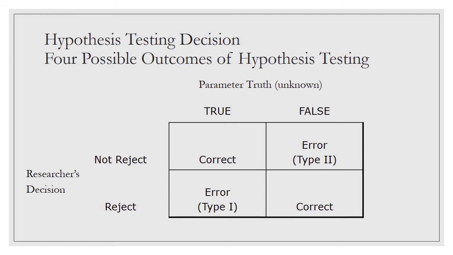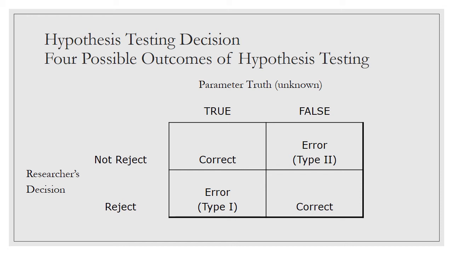Let's take a look at our table in a little bit more detail. Going across the top, true and false are about the null hypothesis. True means indeed the null hypothesis should not be rejected. It should be accepted. It should be retained. False means we should have rejected it.